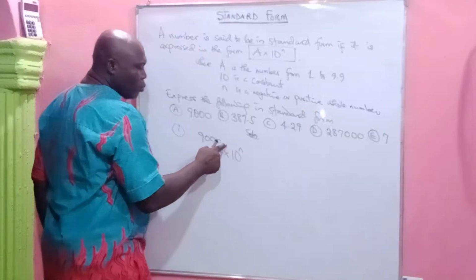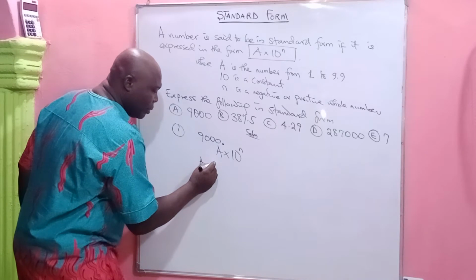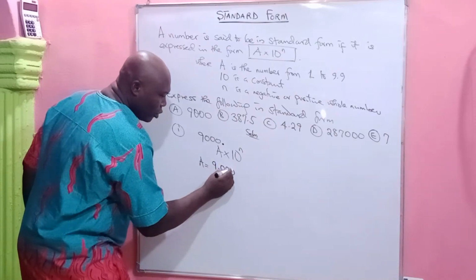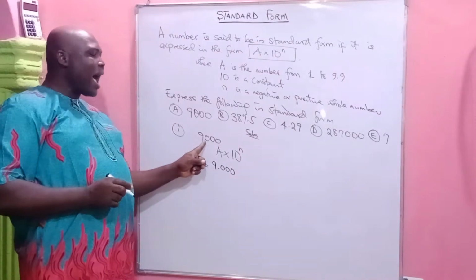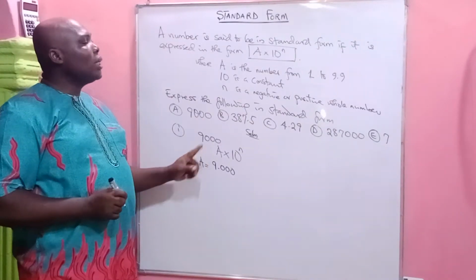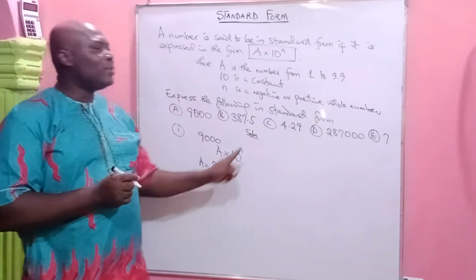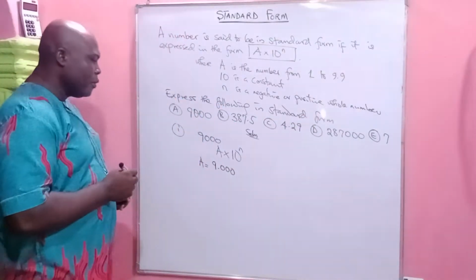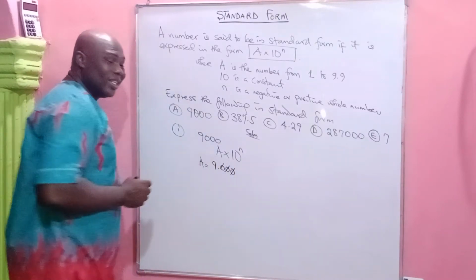All right, so we'll move the decimal point from here to this point. So that gives us our a to be 9 point that. We've moved it to after the first significant figure, so that it will lie between 1 and 9.9. And of course, you can see that 9 lies between 1 and 9.9. And after the decimal point, understand that zeros are always useless.